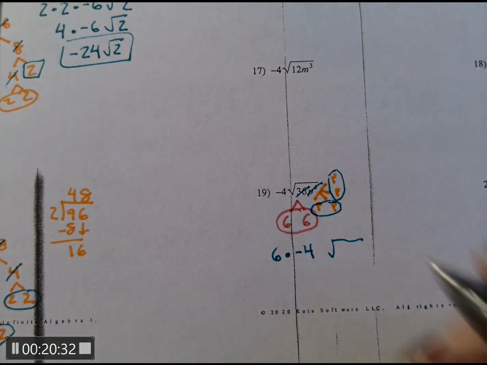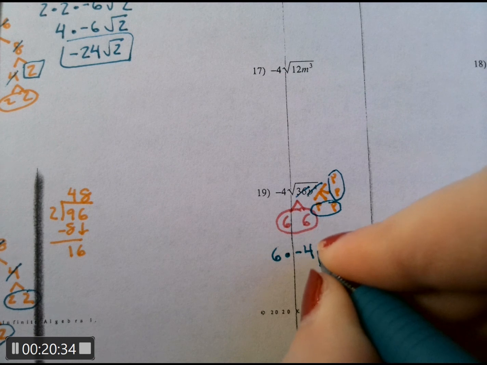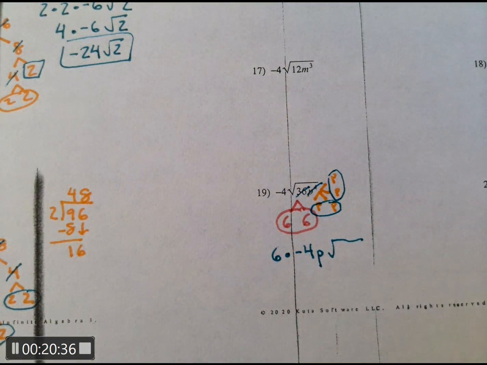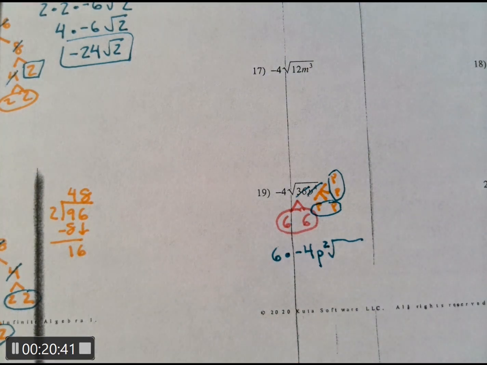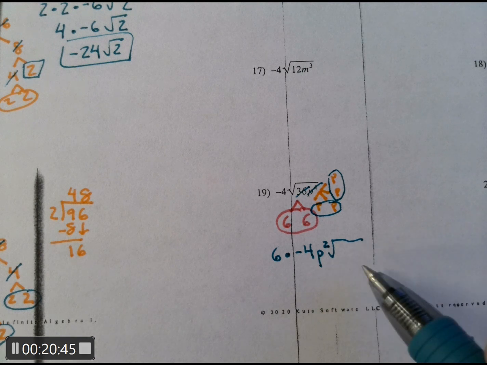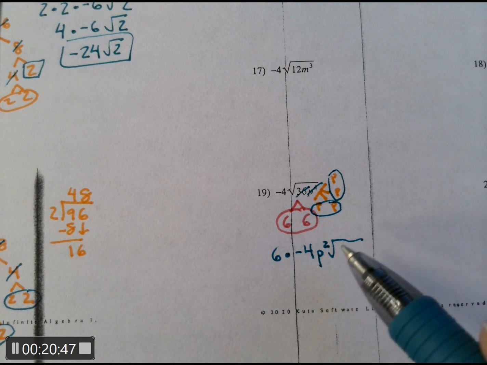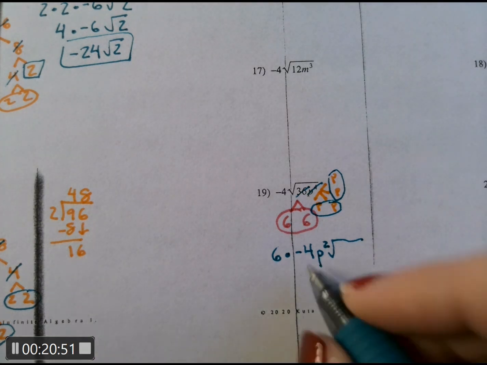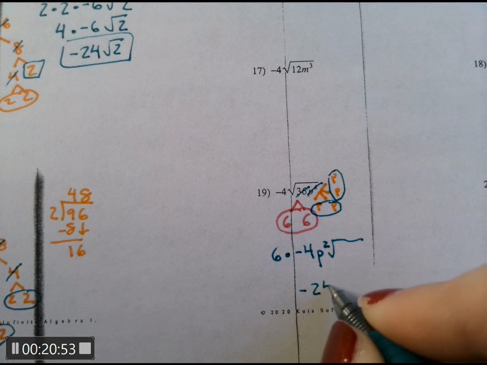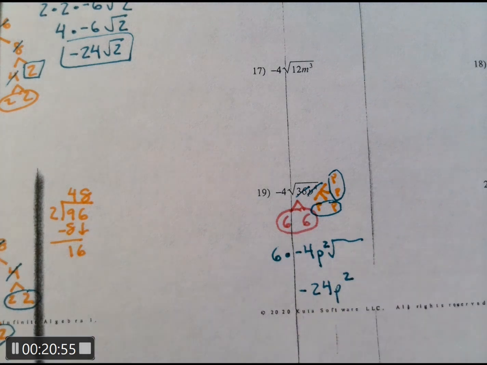So that means that I'm going to write a P. And however many pairs you have, that's going to be your new tiny number. All right? And if you notice, we used everything. So when we simplify, this is just going to go away. All right? So 6 times -4 is going to give us -24 p squared. And that's going to be our answer. And that can sometimes happen.